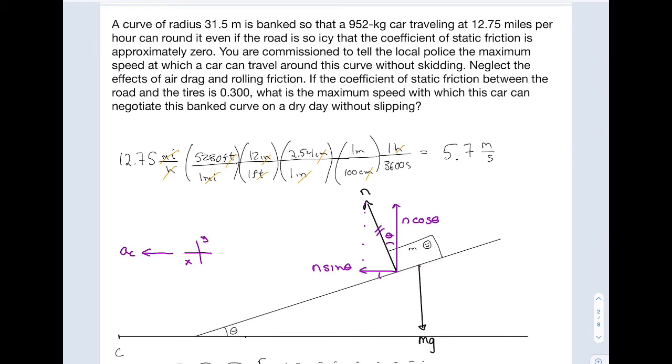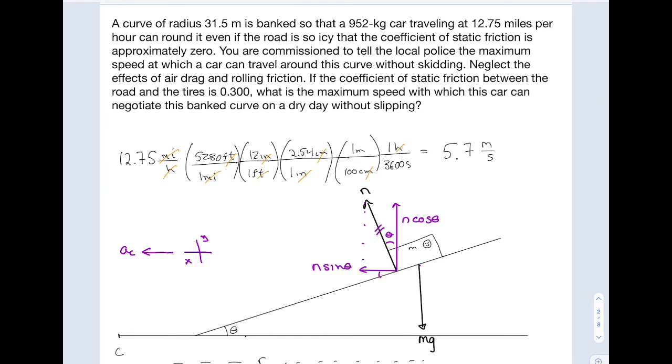Okay, here's another one related to circular motion. I have a curve. It's banked so that this car traveling at 12.75 miles per hour can round it even if the road is icy. Essentially, they say that the car can negotiate that banked curve when there's no friction. Then you want to tell the local police the maximum speed the car can go around the curve without skidding when the road is dry.